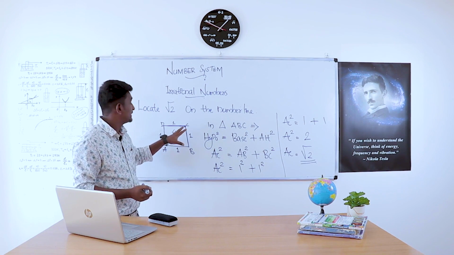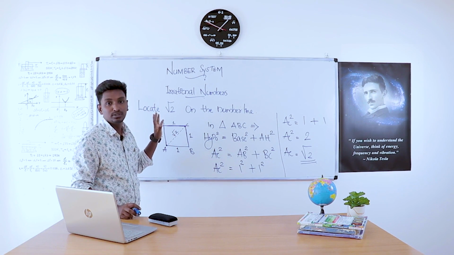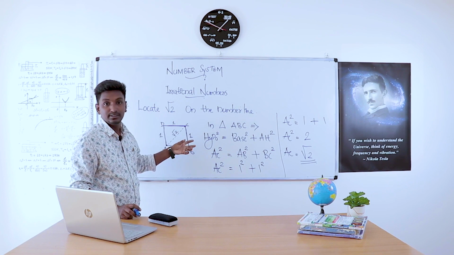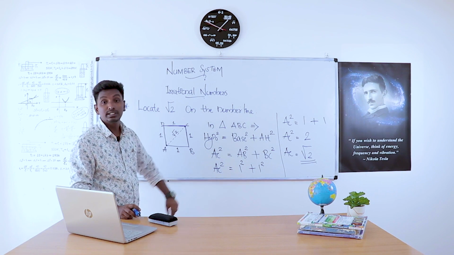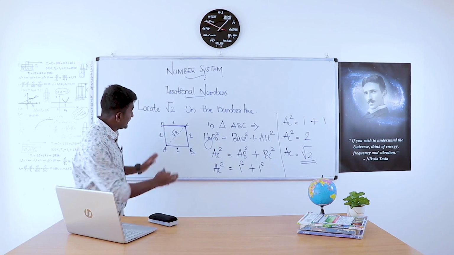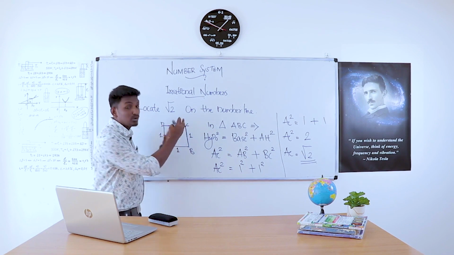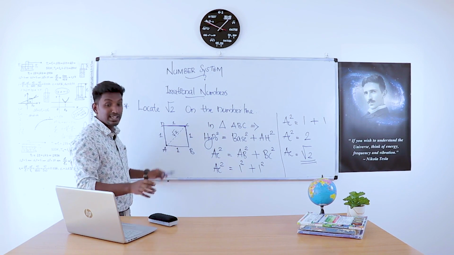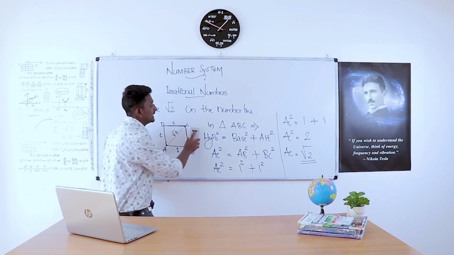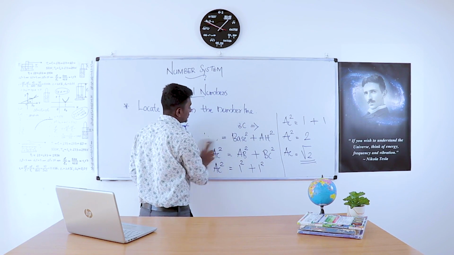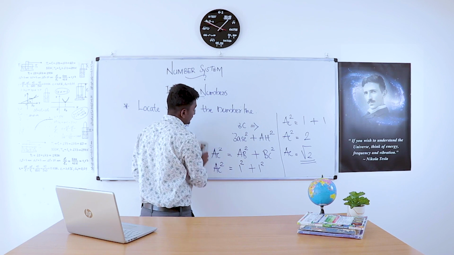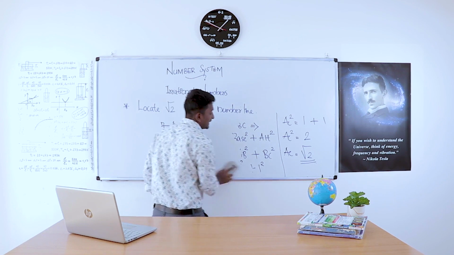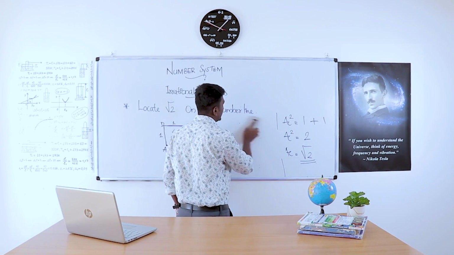We now know how root 2 can be found out. Then we have to locate it on the number line. So we have to draw the same unit square on the number line, and locate root 2 on the number line.